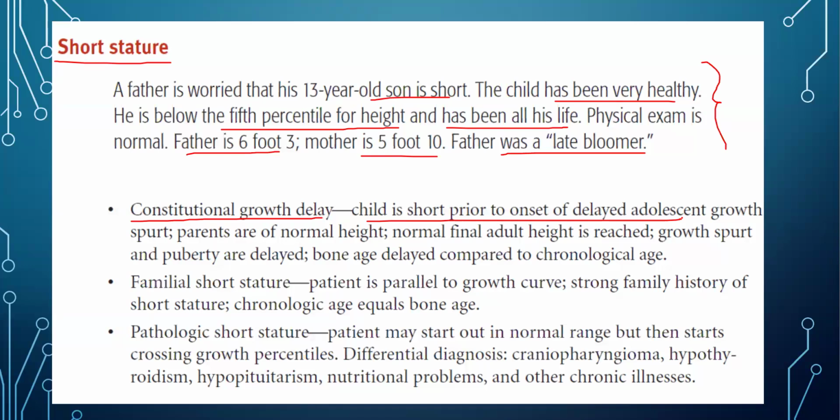Late bloomers gain their actual height in the end, but initially have delayed puberty or a delayed growth spurt. The child will be short prior to this growth spurt. Their parents will be of normal height, and in the end the child will attain a normal final adult height. The only thing delayed is the growth spurt and puberty.